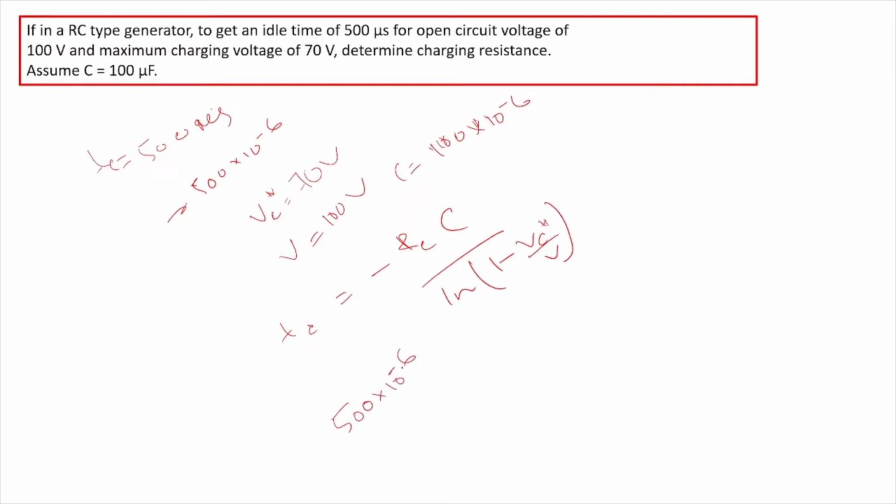What we have to determine is the charging resistance, that means R we have to calculate, into C, which is 100 into 10 to the power minus 6, divided by log of 1 minus 70 by 100. So if we calculate this, what will be the value?